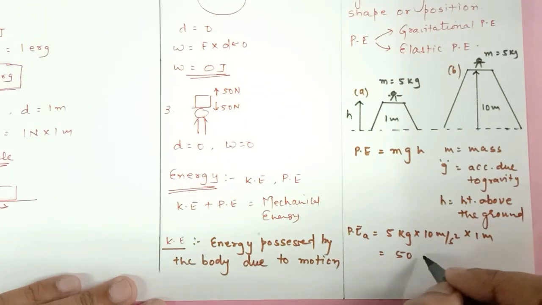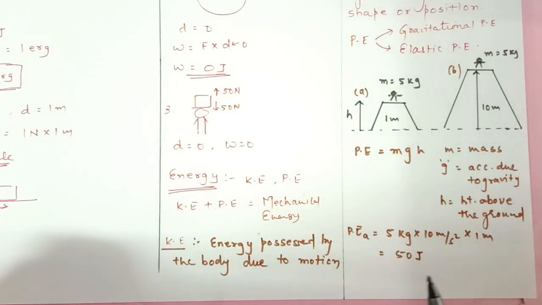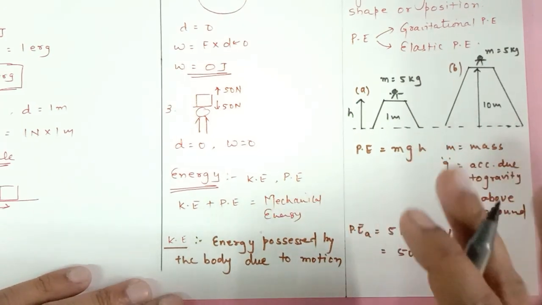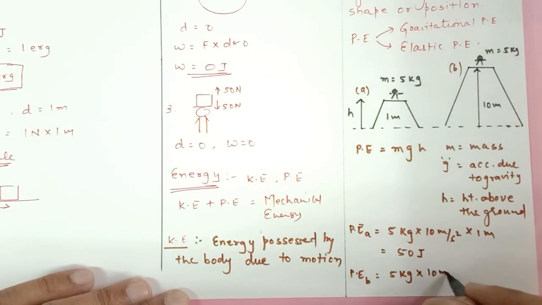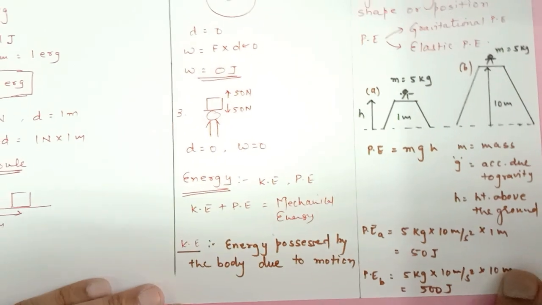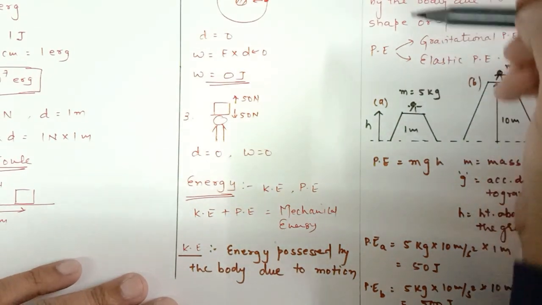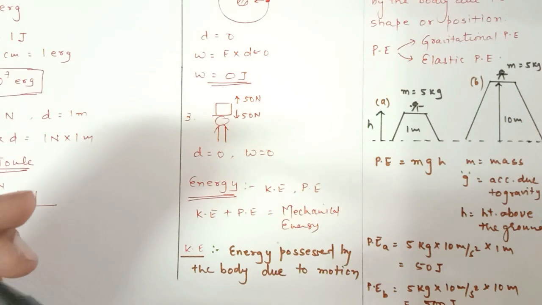So whether it is potential energy or kinetic energy, the energy unit always remains joule. Now potential energy in case B, that is equal to 5 kg into 10 meter per second square into the height is 10 meter. So this is 5 times 100, 500 joule. So that means, people, the more the object is high above the ground, the more will be its potential energy.